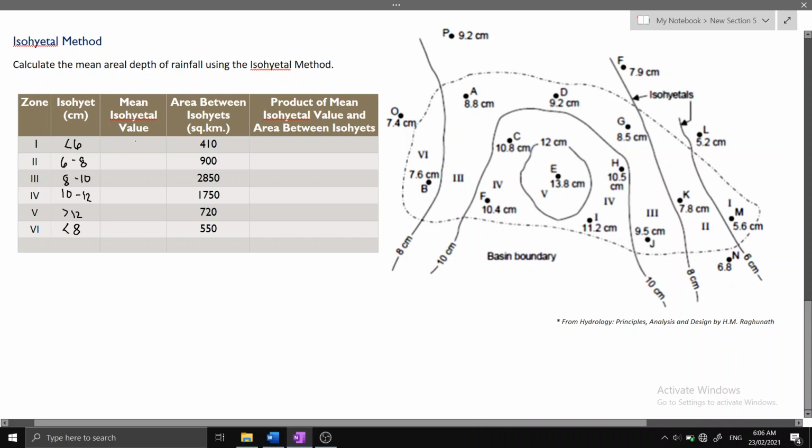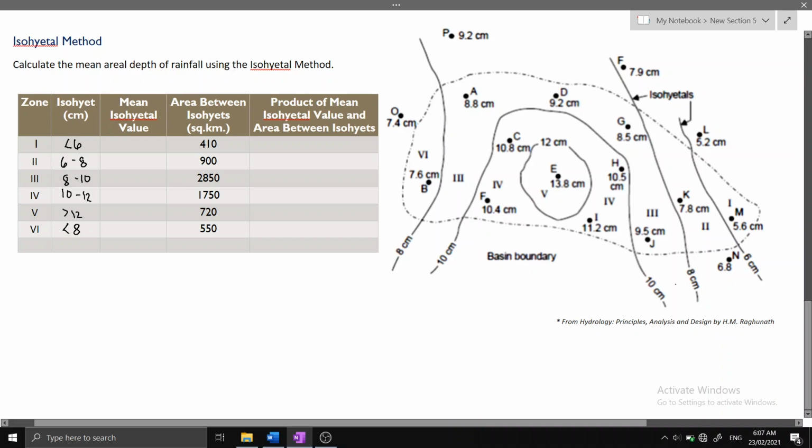So let's now proceed to the mean isohyetal value. So usually this is taken as the average of the isohyets.